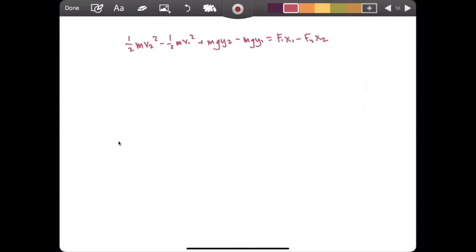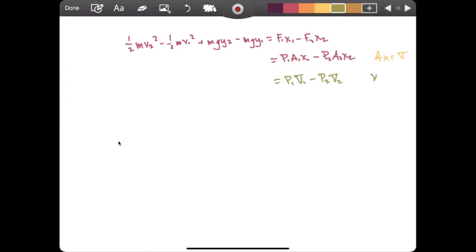So let's plug that in. The right-hand side is going to become P1 A1 times x1 minus P2 A2 times x2. But we know from the previous slide that A times x is equal to the volume. So this is going to be equal to the pressure P1 times the volume V1 minus the pressure P2 times the volume V2.